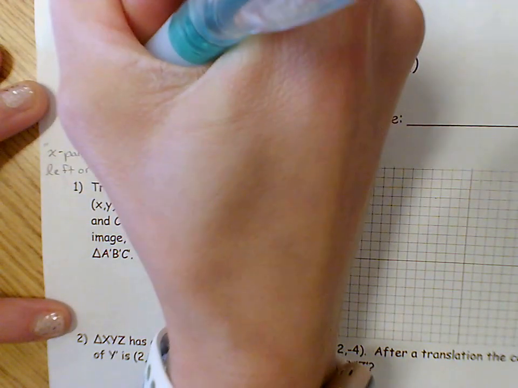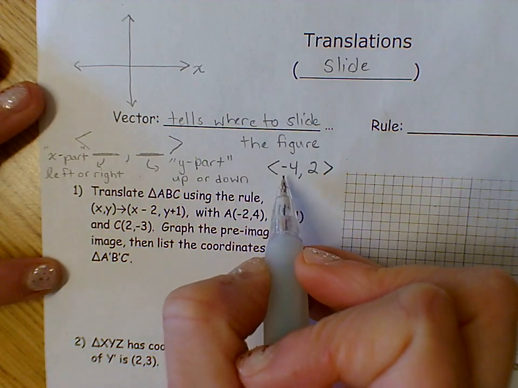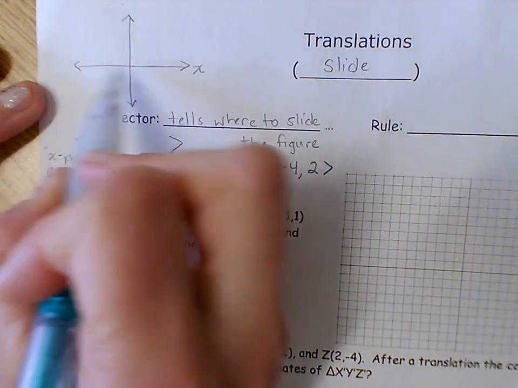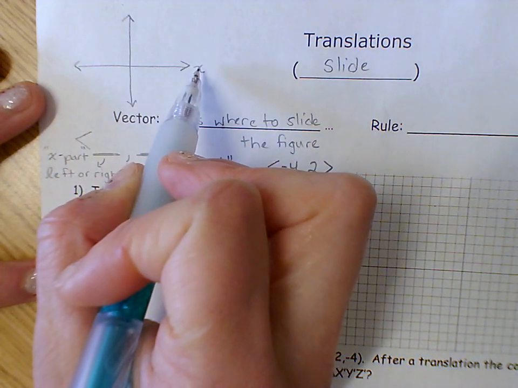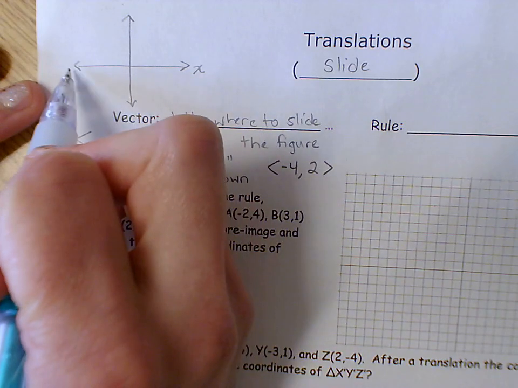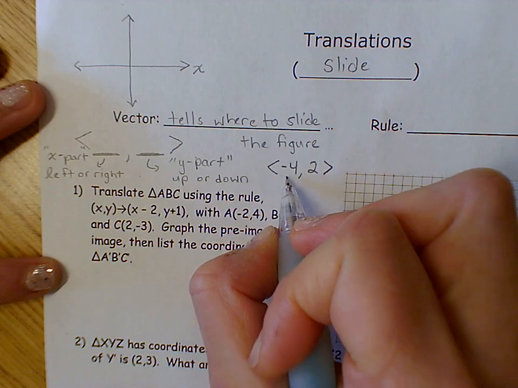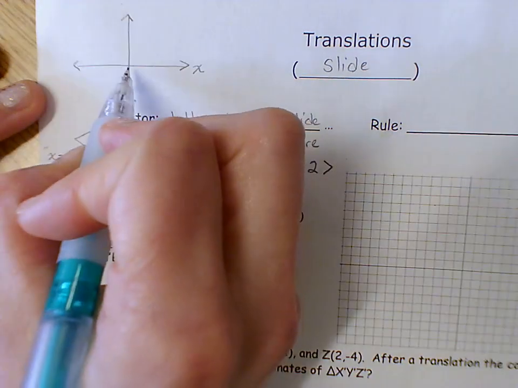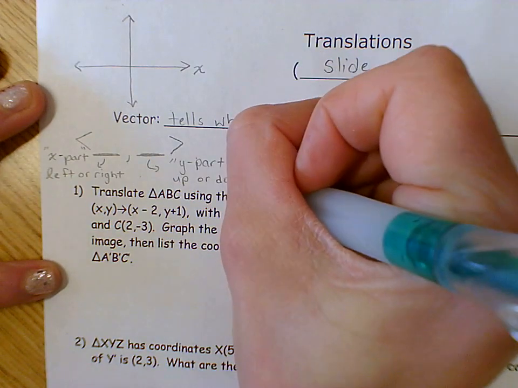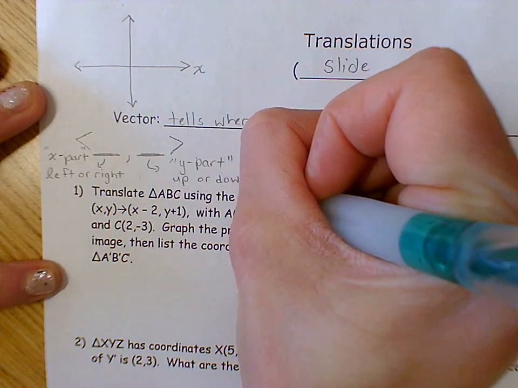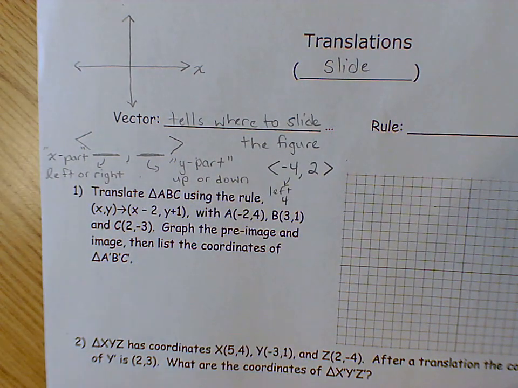But if we're going -4, think about the direction. If I go that way on the x-axis, it's my positive numbers. And if I go this way, to the left, then it's going towards negative. So if that number is negative, that actually means that we have to move left that many. You're going to take wherever that coordinate is, and this would tell you to move it left, and it's a 4, so we'd move it left 4 units.